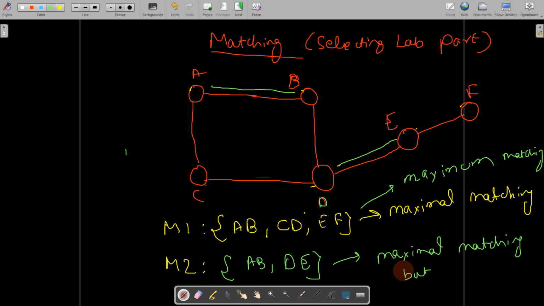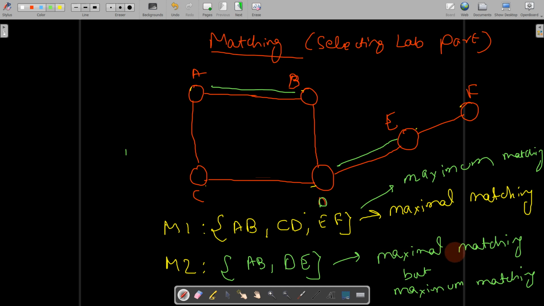But for the entire graph, this is not a maximum matching. There are other matchings in this graph having more than two edges. So this is not maximum, but it is maximal.